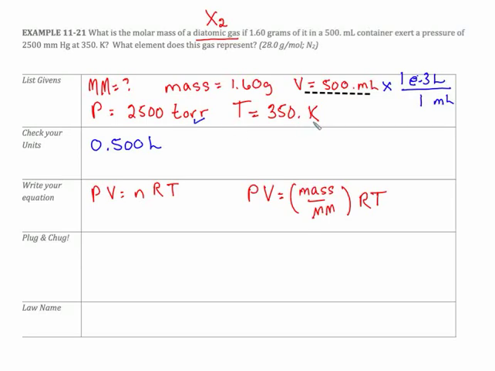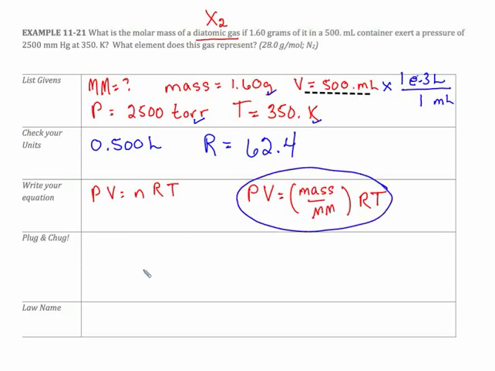Torr is okay, Kelvin's okay, mass is okay, but because of this, let's go ahead and write our gas constant. It's 62.4 when we're dealing with torr. Now we're ready to substitute and solve.